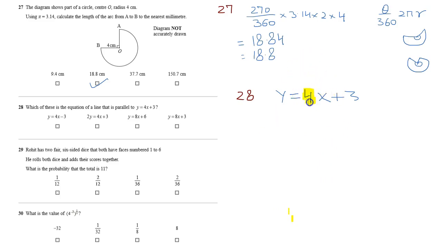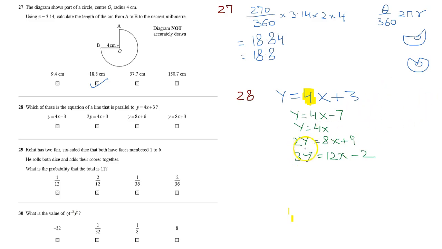A line is parallel if the coefficient of x, that is m, is 4. So I can give you examples. y is equal to 4x minus 7. y is equal to 4x. 2y is equal to 8x plus 9. 3y is equal to 12x minus 2.